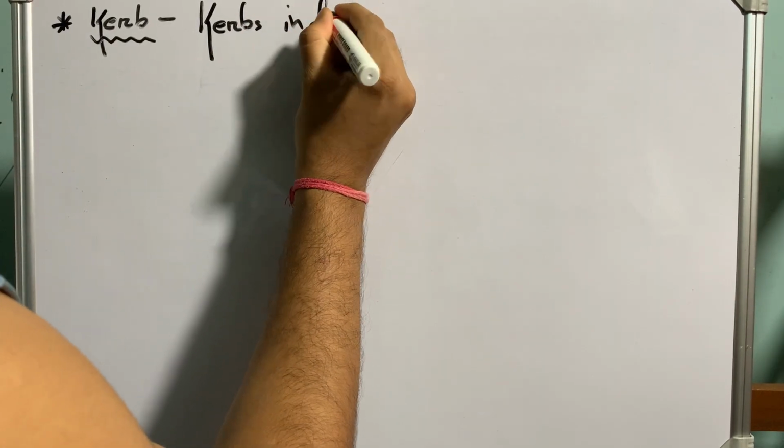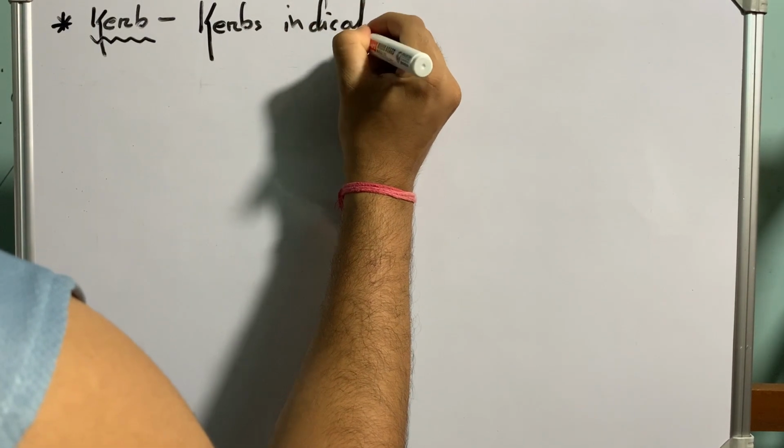Let's start the next cross-section element, that is kerb.